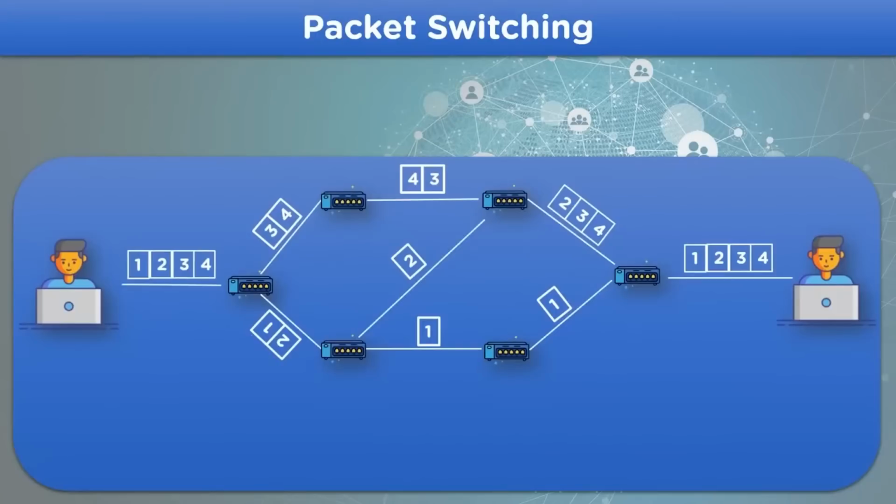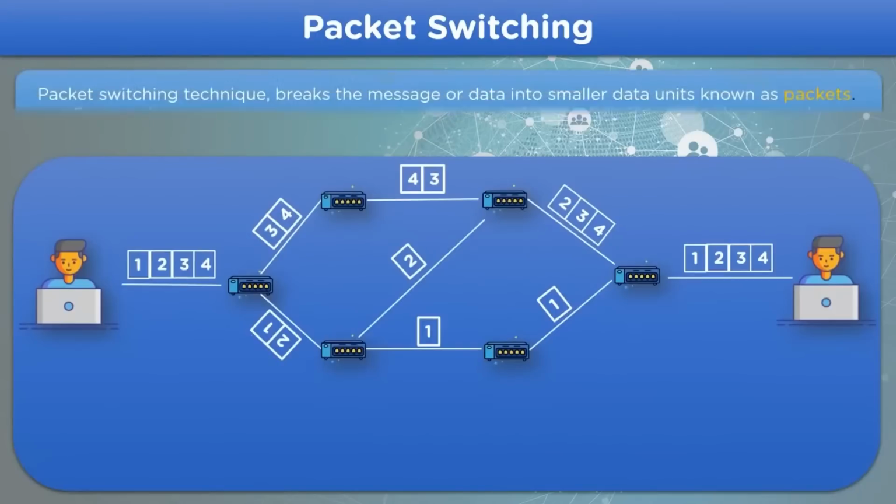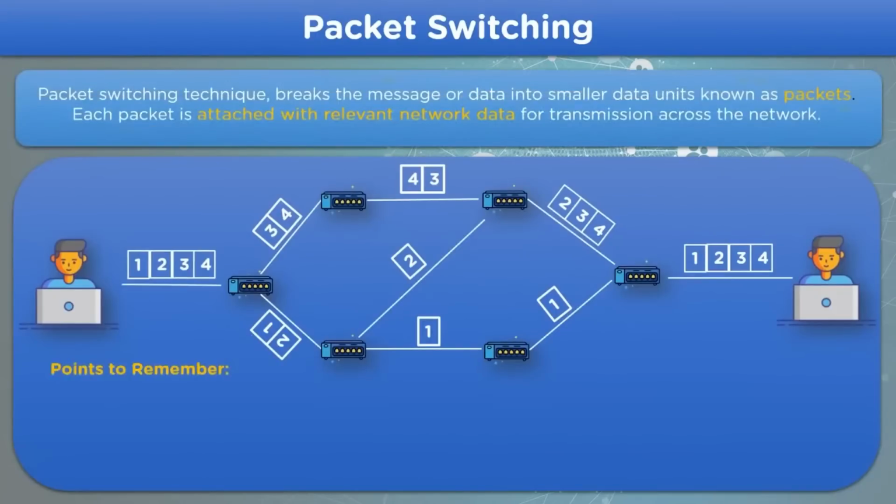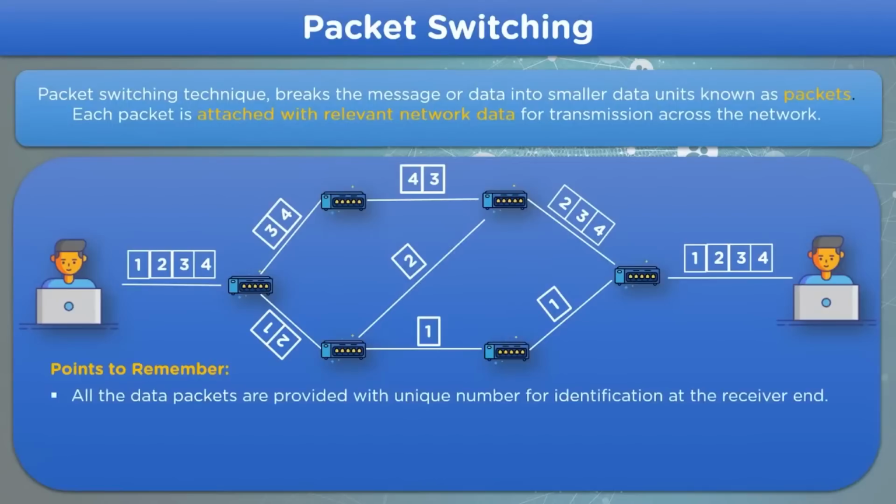Now let's look into some points to remember for packet switching. All the data packets are provided with a unique number for identification at the receiver end, that is 1, 2, 3 and 4 in the previous example we just used.